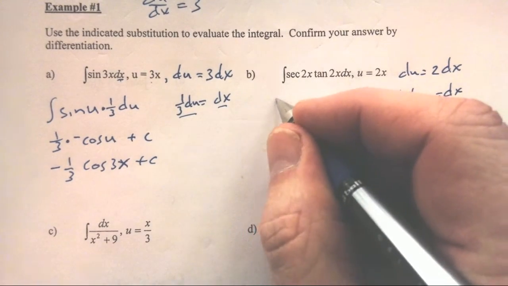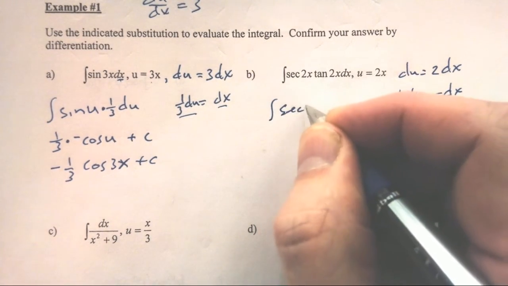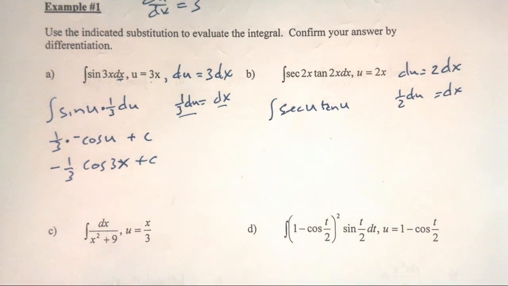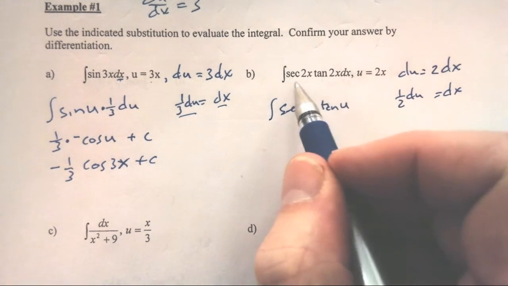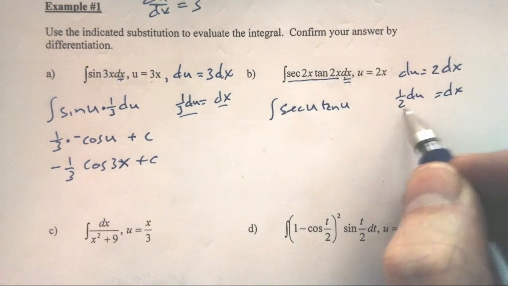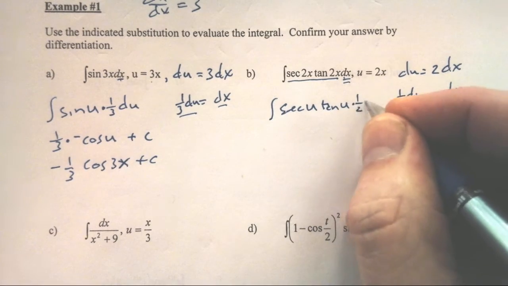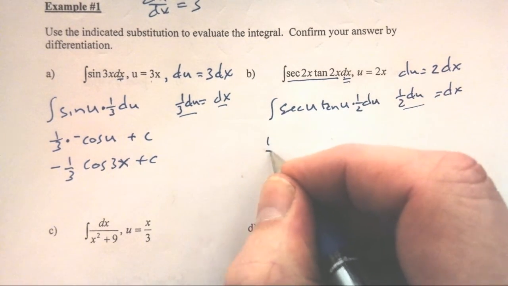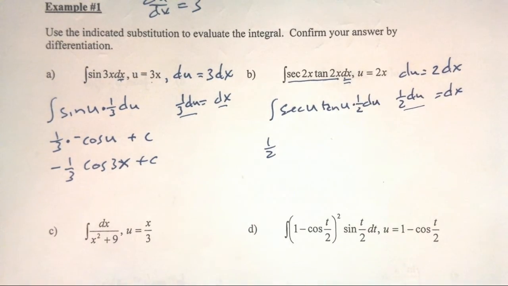Okay, so what do we have? We have integral secant u, tangent u, and now, what else? That takes care of these guys. What's left? dx. I wish I could replace it. I can. Times 1/2 du. 1/2 out in front. It's a constant factor.